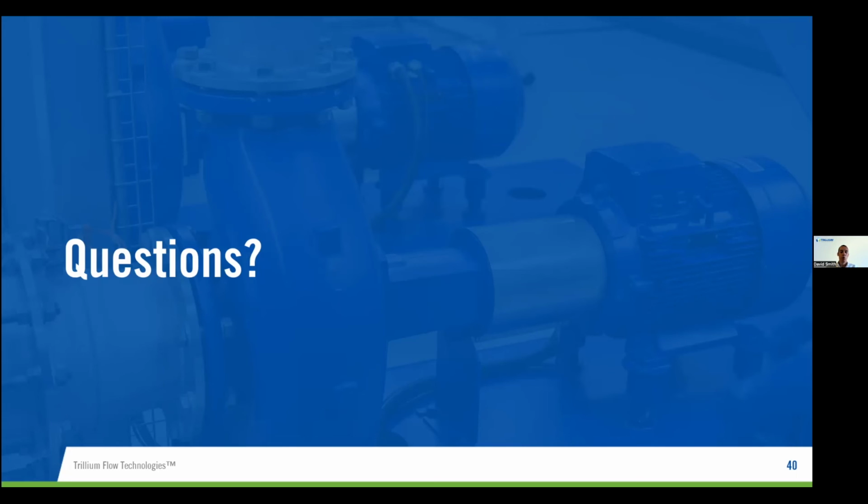We would use their capability to scan the existing components, impeller and diffuser, understand the geometry, create CAD models, and create a baseline CFD and hydraulic study to understand what the original pump is doing. So we would get all that information.